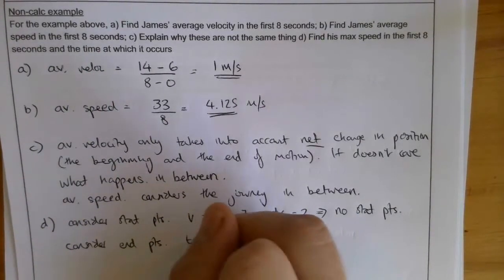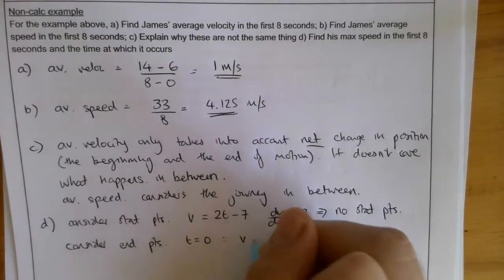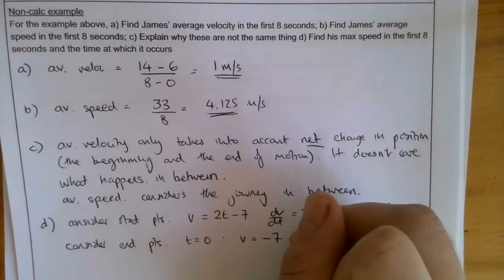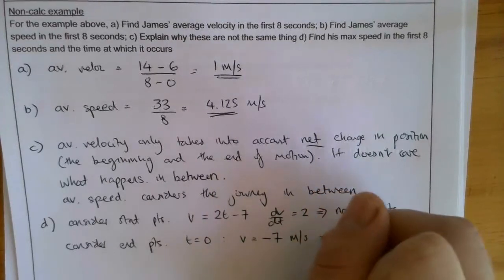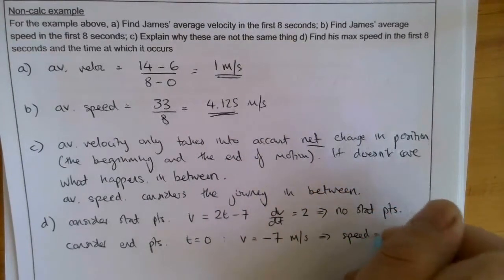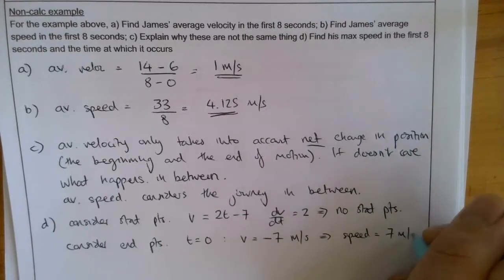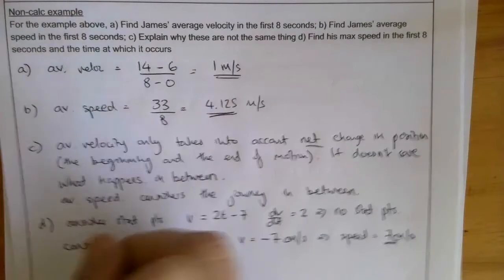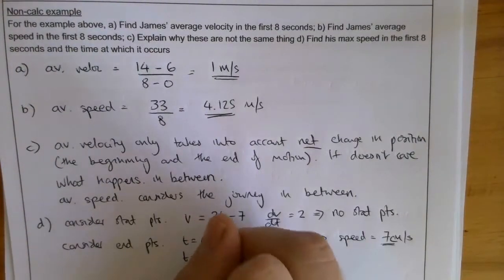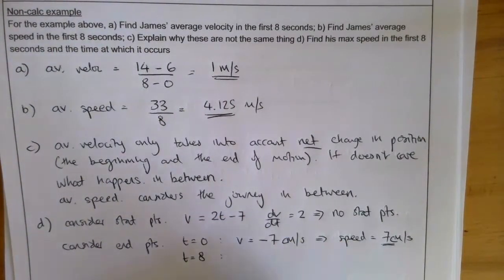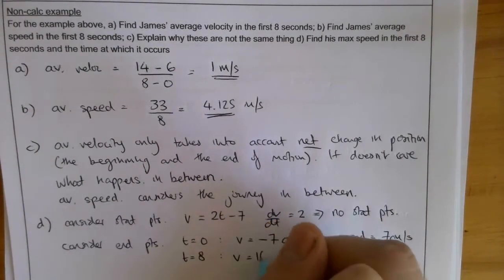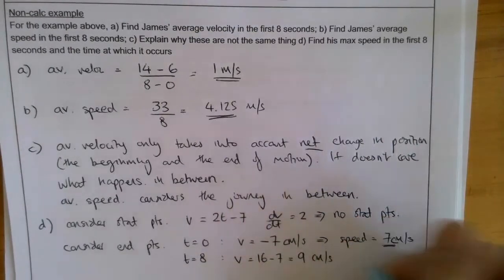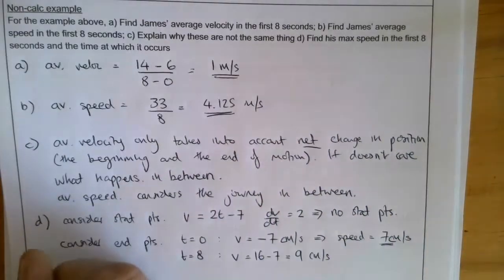So now I'm going to consider those. First one is t equals 0. At t equals 0, the velocity is minus 7 meters per second. So the speed is the magnitude of that, which is 7 meters per second. I think it's centimeters per second, isn't it, in this example? The second endpoint for the motion is t equals 8. At that point, the velocity is 16 minus 7, so 9 centimeters per second, which is greater.